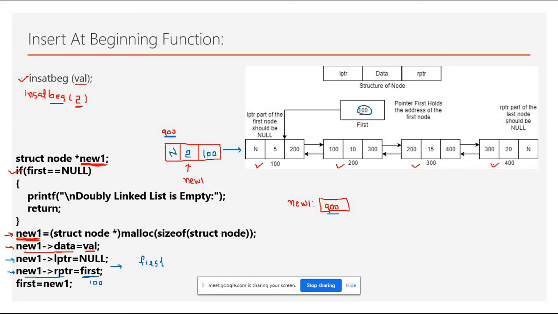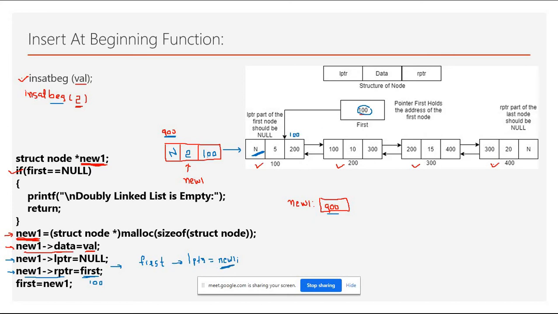First is your first node, 100. 100 means this node, your first node which is on 100. In its LPTR, first point to LPTR is equal to the address of the new node. So the new node is on 900, so we are putting 900 in the LPTR of the first node.